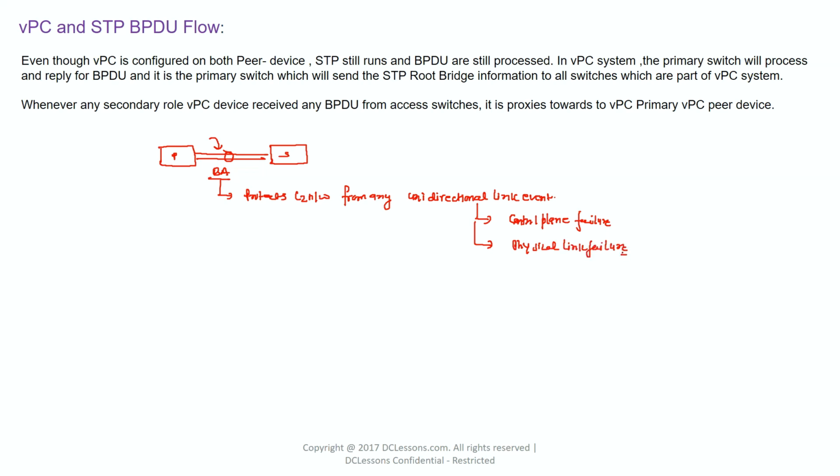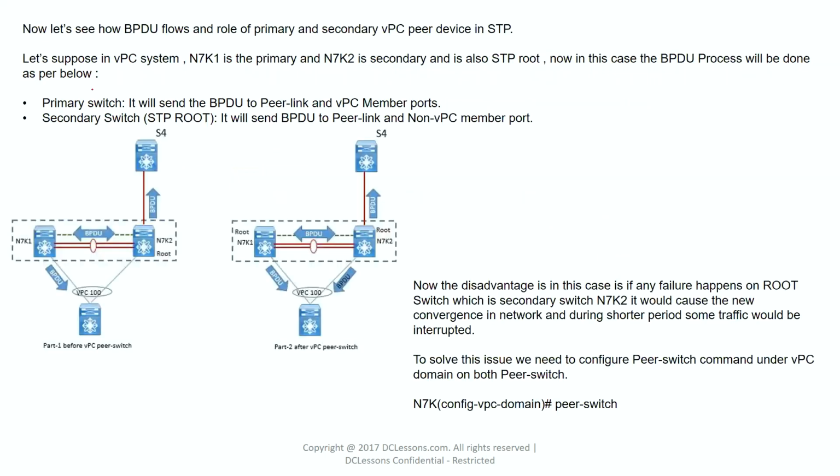Okay, now let's see how BPDU flows and how the roles of the primary and secondary VPC peer devices work in STP. So in a VPC system, N7K is a primary. Let's suppose this is your primary and this is your secondary, and this secondary is the root bridge. Now what happens? The primary will send a BPDU to all of its member ports, and the primary will also send an STP BPDU on the peer link.